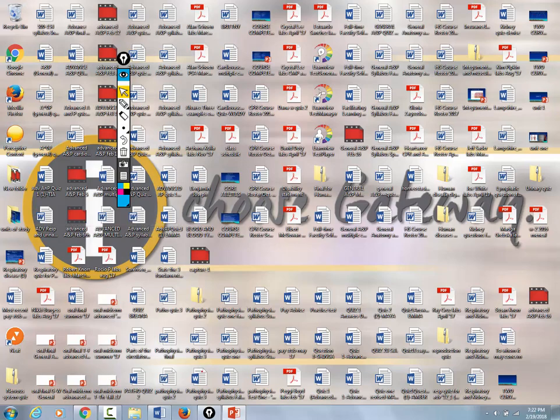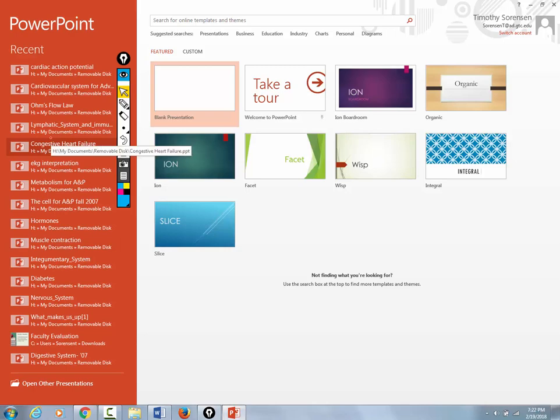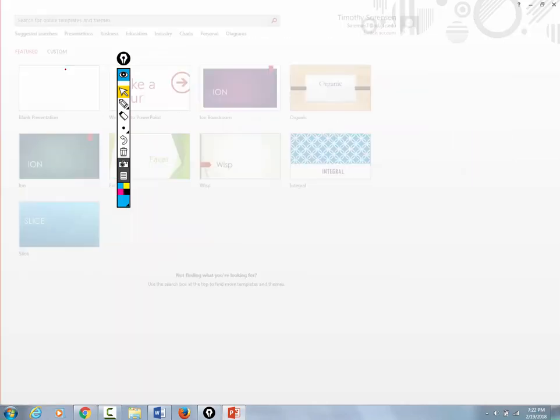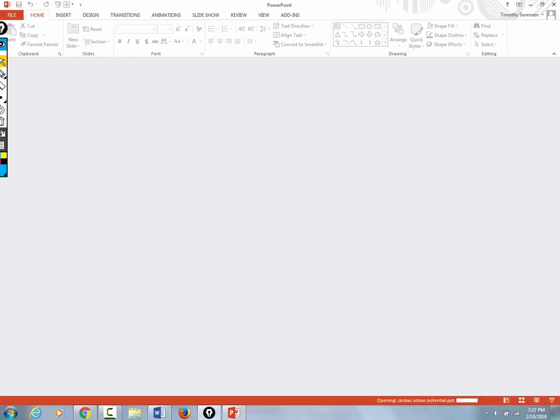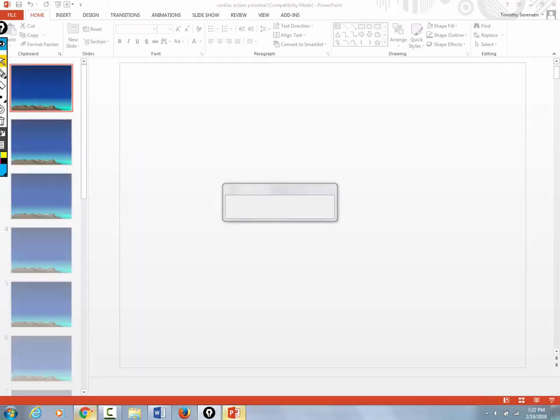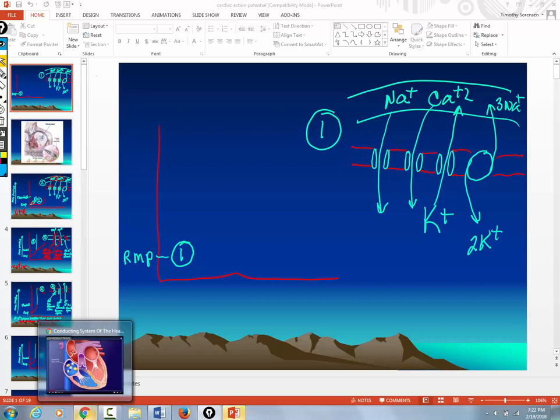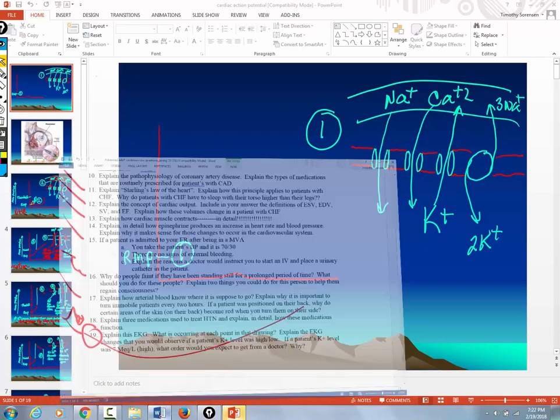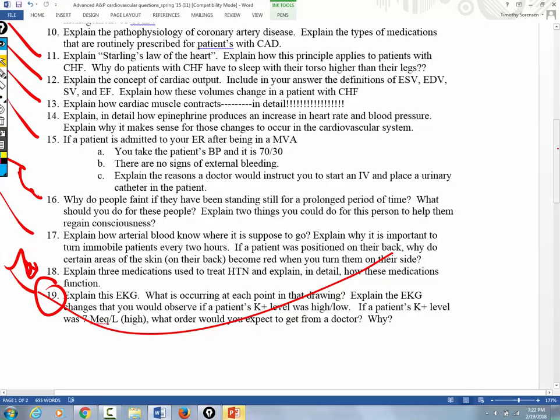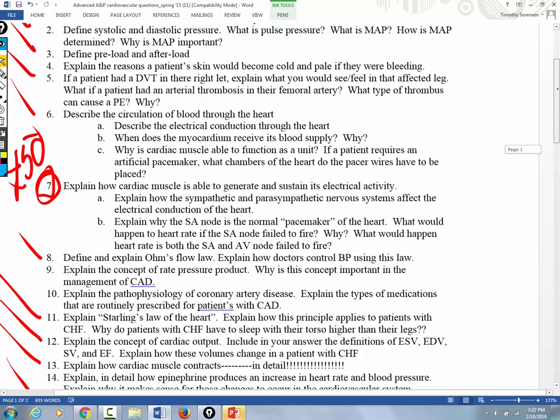So a couple of things you're going to have to know. Here it is. This is called the cardiac action potential. And that's in your book.